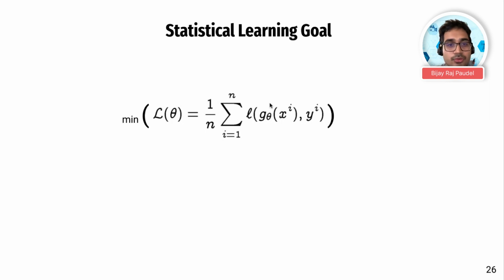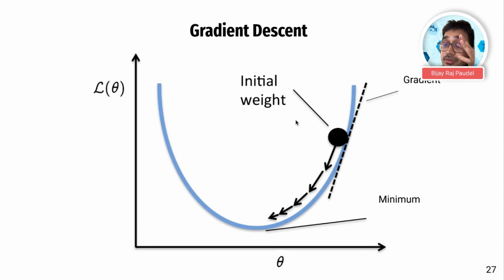To solve this optimization problem we use something called gradient descent. What gradient descent does is you take a loss function for a set of parameters theta, let's say 22 billion weights, and the loss using those weights.